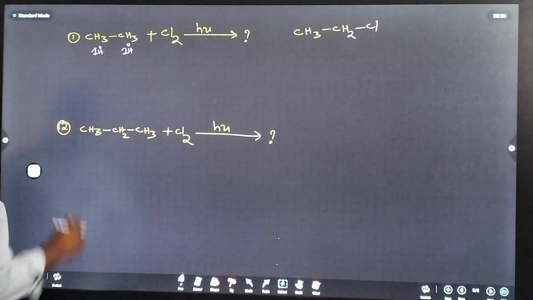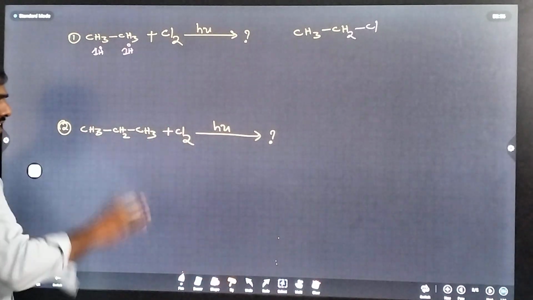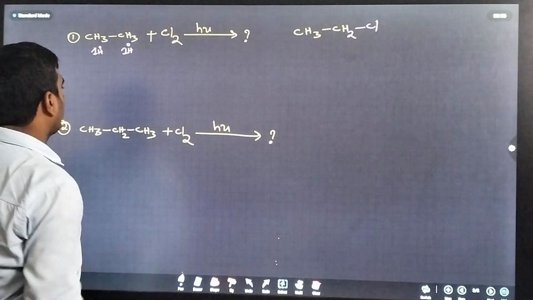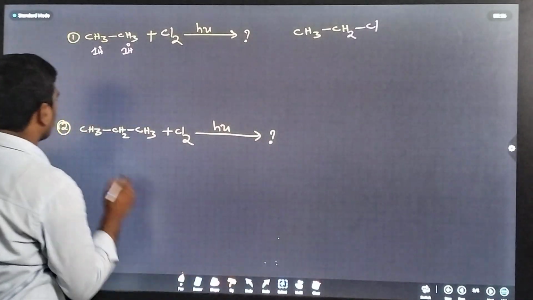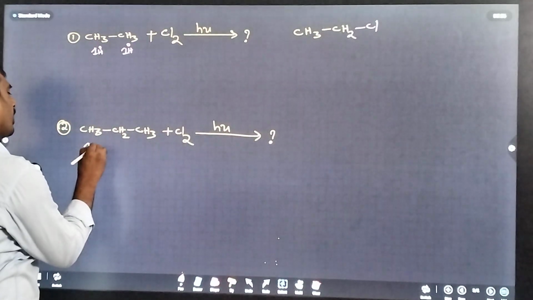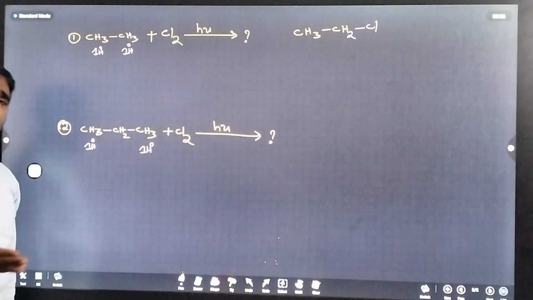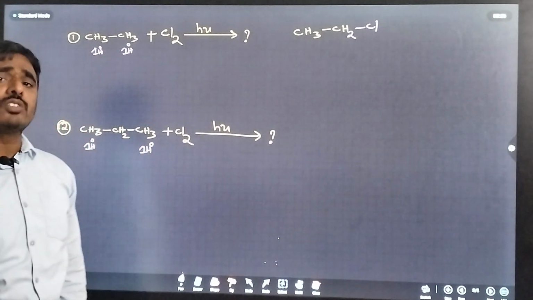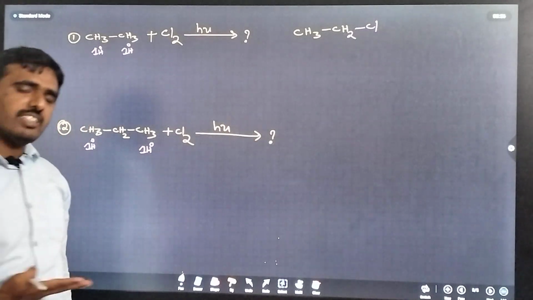Here in the second question, how many isomers are possible in this reaction? Here two types of hydrogens are there. The first one is the primary hydrogen. What are the primary hydrogens? The hydrogen atoms which are directly attached to primary carbon. What is the secondary hydrogen?